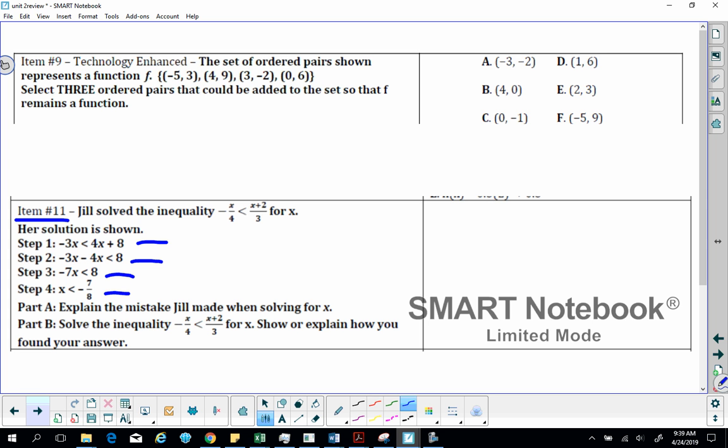So first, I can't touch these unless the denominators are the same. I'm going to put my invisible one. How could I make those denominators the same? What number could I multiply to each of them so that they're the same number? Okay, the least common multiple. So what number could I multiply to 4 and a different number to 3, but I want them to be the same number?